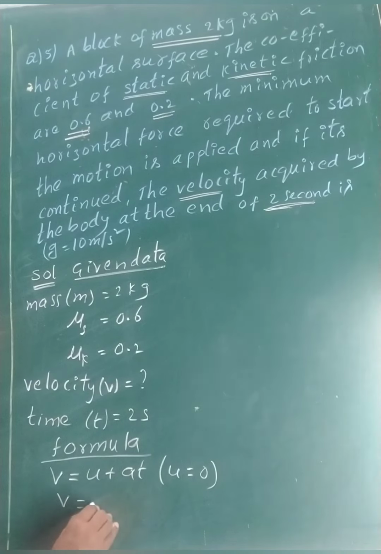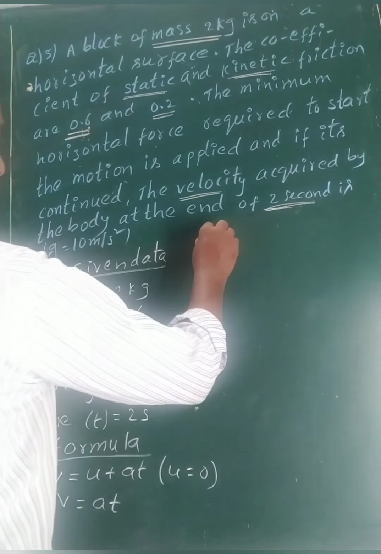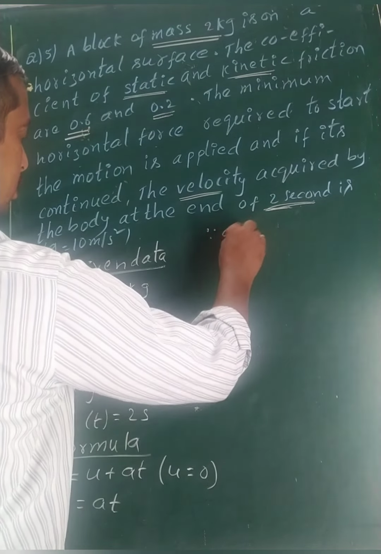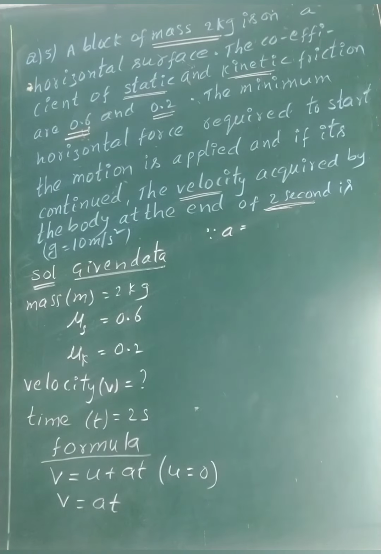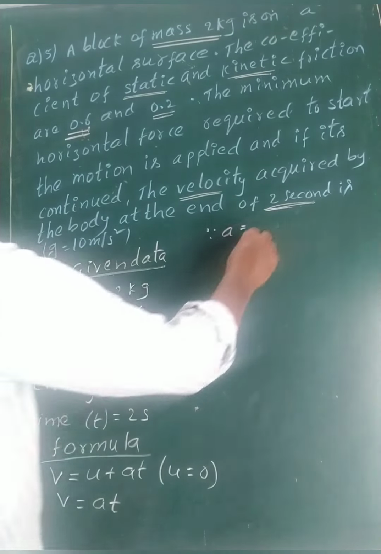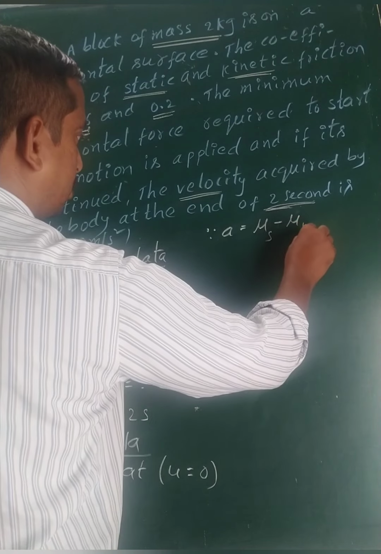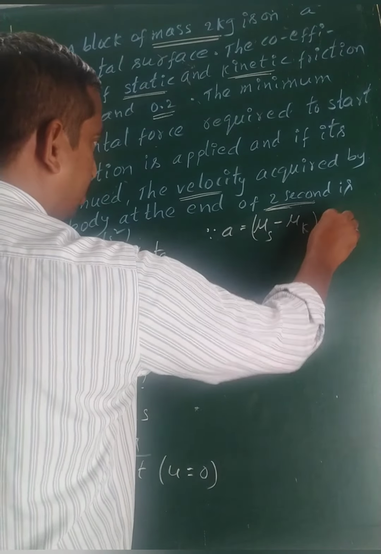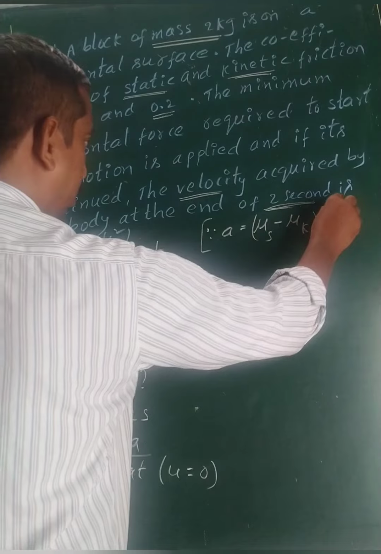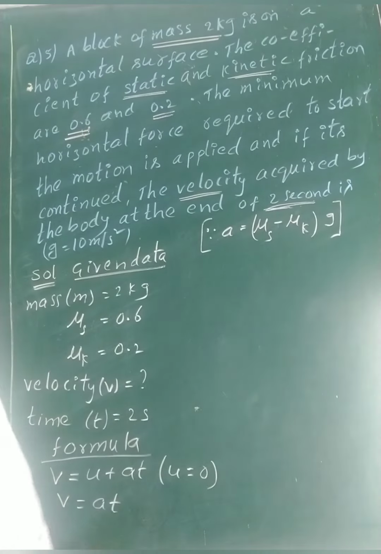Then we can write v equals at, where a is the acceleration and t is the time. Since we know from previous problems that acceleration is equal to (mu s minus mu k) into g, that value we can substitute in the given equation.